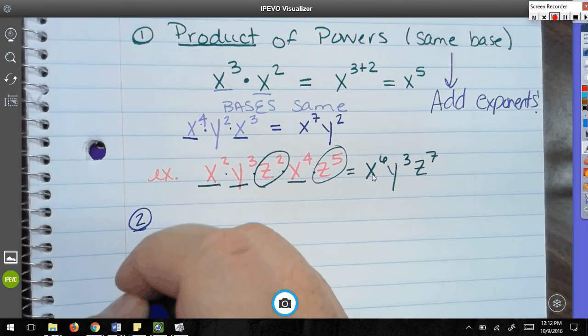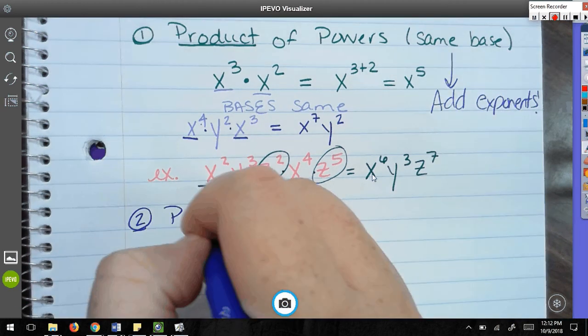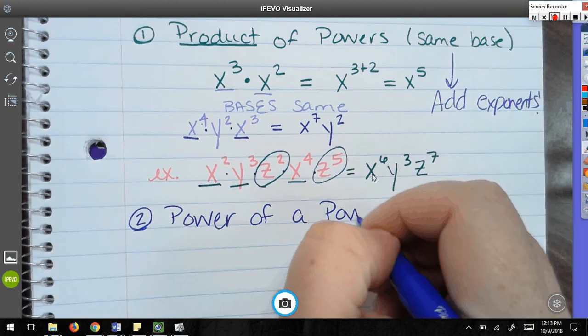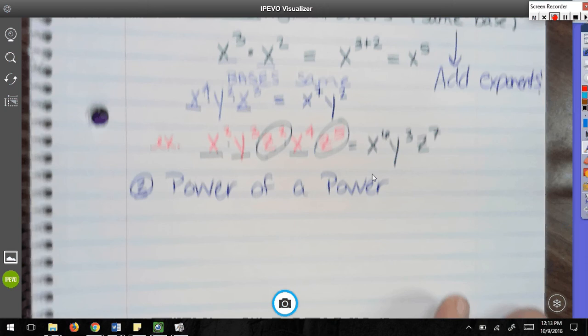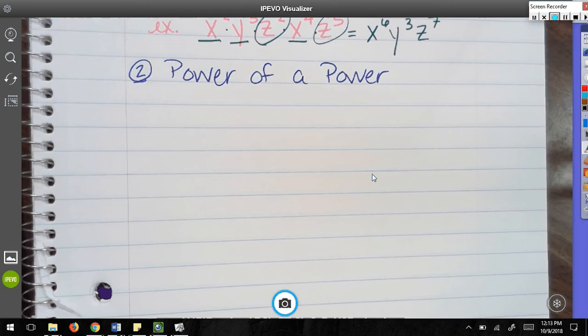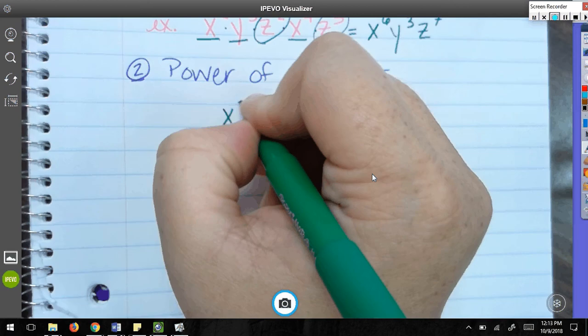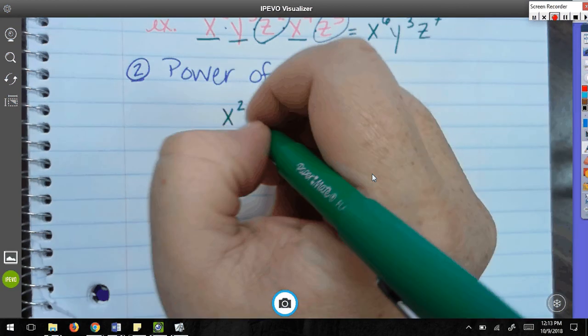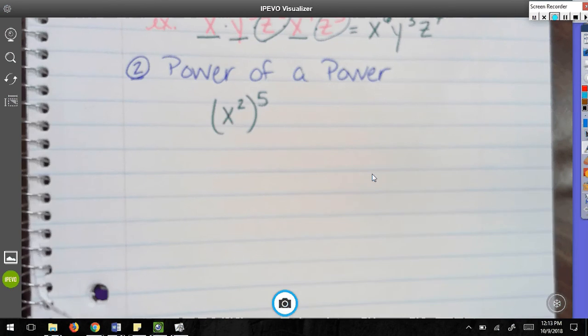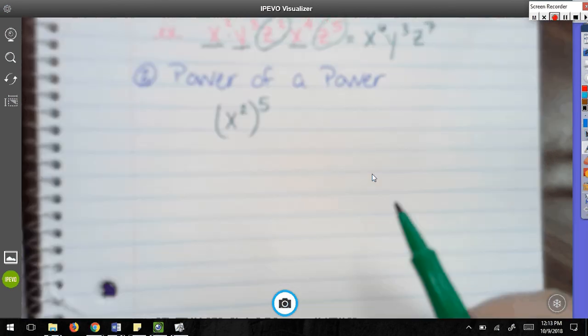The second property is called power of a power. So this is exactly what it sounds like. I take something that has been raised to a power and I raise it to another power. Now when this happens, what I have to do is I multiply those exponents.